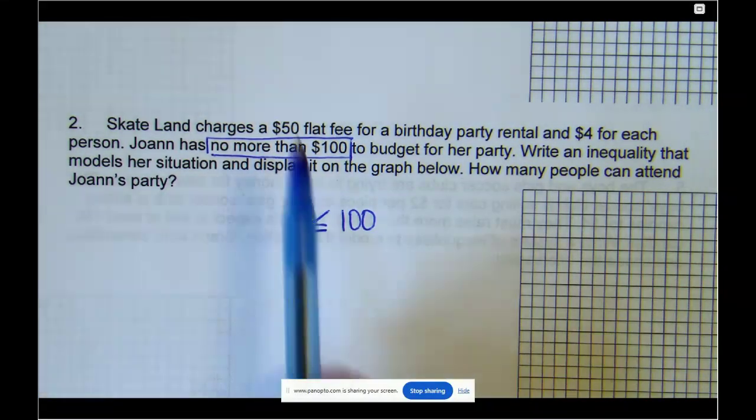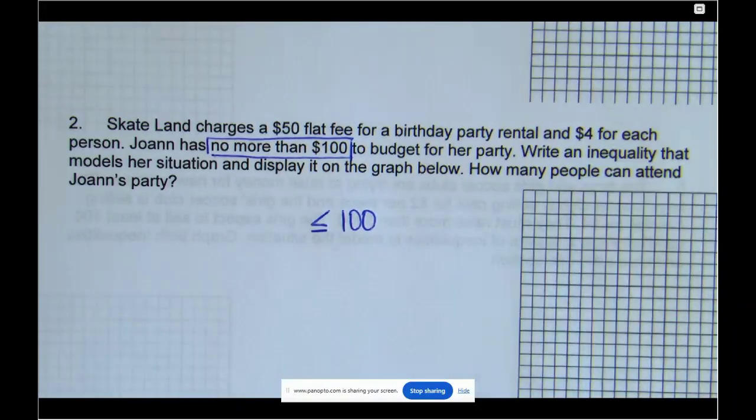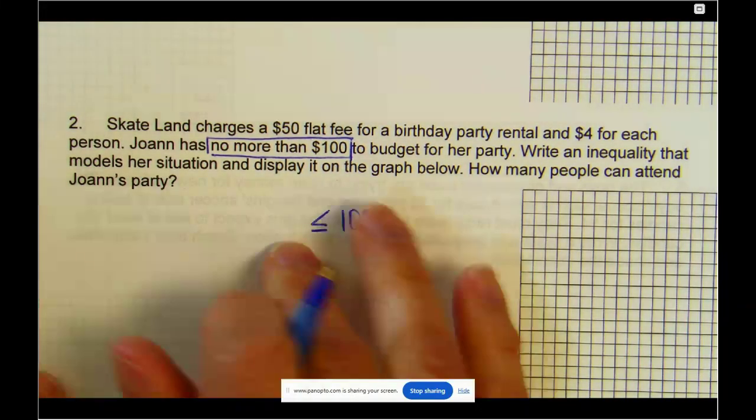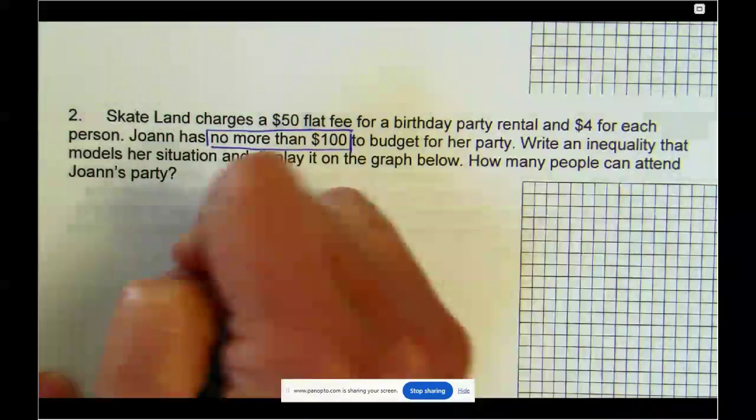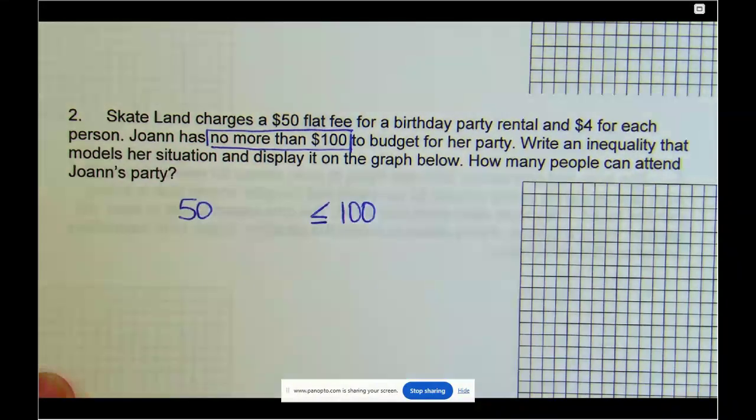Now, $50 for a birthday party and then $4 for each person. What is the equation part of that? 50 minus 4. Nope. 50 what? 50x minus. Nope. Okay, so listen. Here's how Skateland works. Skateland says it's gonna cost you $50 to rent our place, and you have to pay $4 a person.